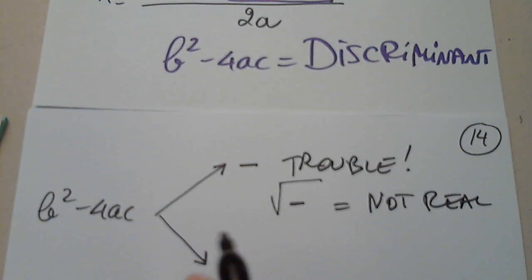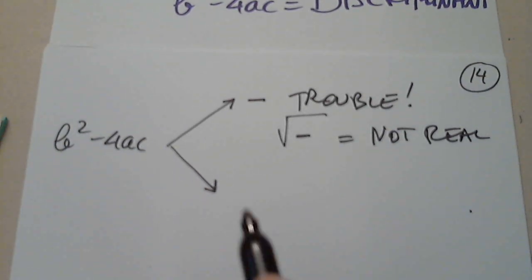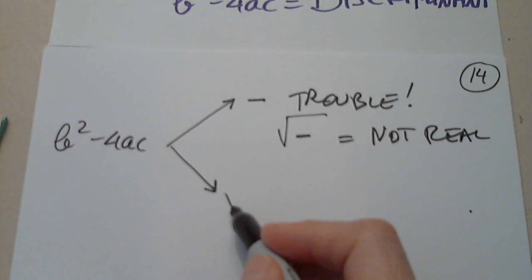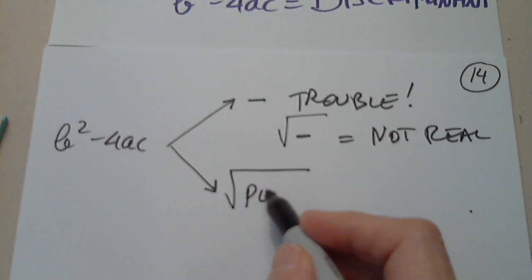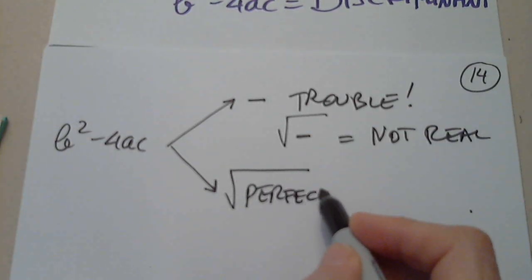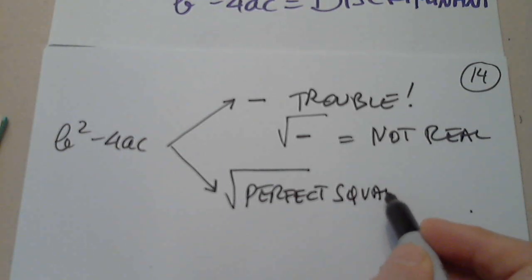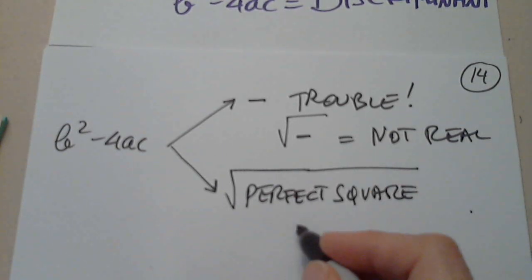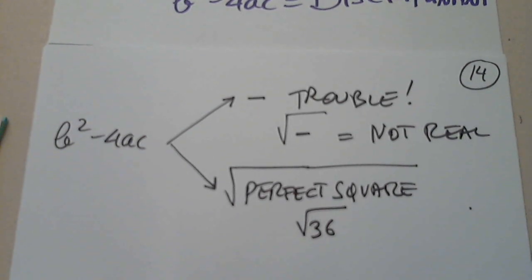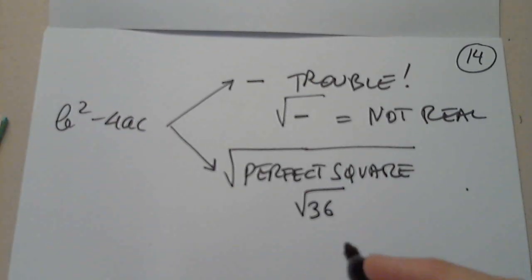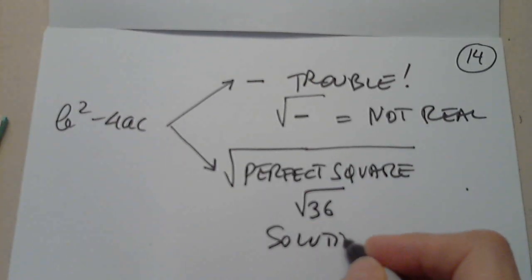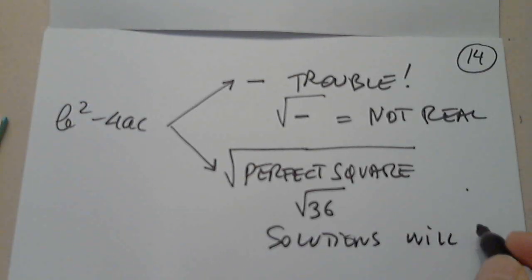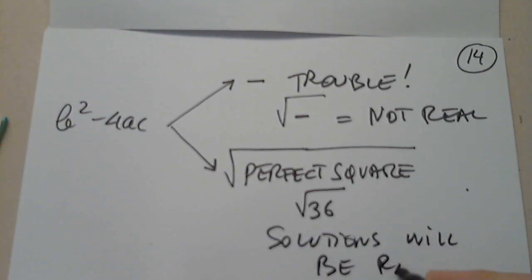Second option. As an example, the square root of a perfect square, like the square root of 36, for example. Then the solutions will be rational.